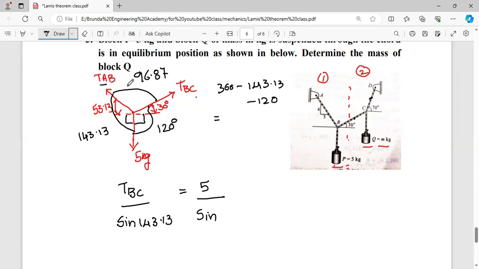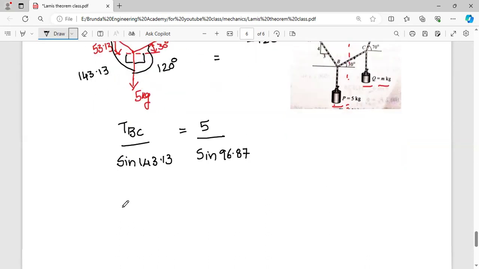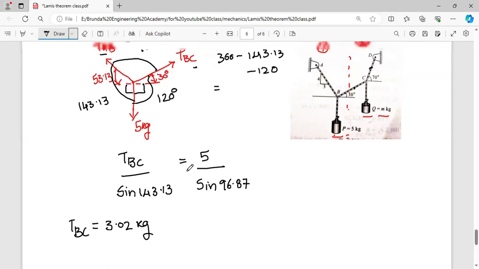The angle between TAB and TBC is 96.87 degrees. So from that we can calculate TBC. By simplification, we get the value 5 by sine 96.87, with our calculator, into sine 143.13. So we get 3.02 kg. In terms of kgs I have calculated.